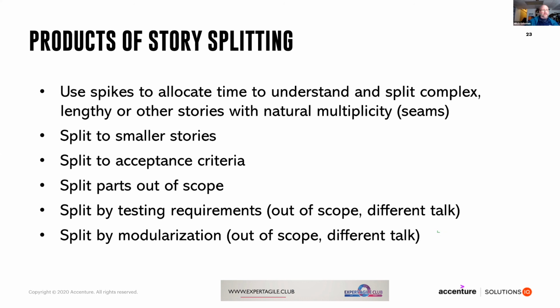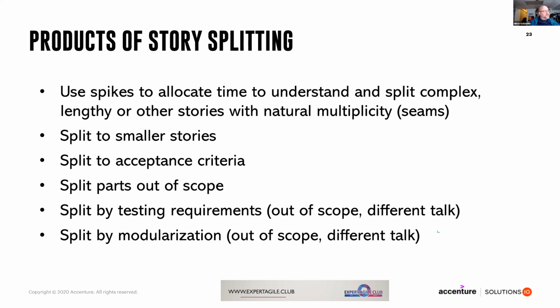Sometimes we will split a story into a bunch of little stories. Sometimes we will split a story in such a way that we change part of the story to an acceptance criterion. Sometimes we'll split a story and part of it will come out of scope. There are a couple of other ways that we can split, but we don't have enough time to talk about them, which is to split by testing requirements.